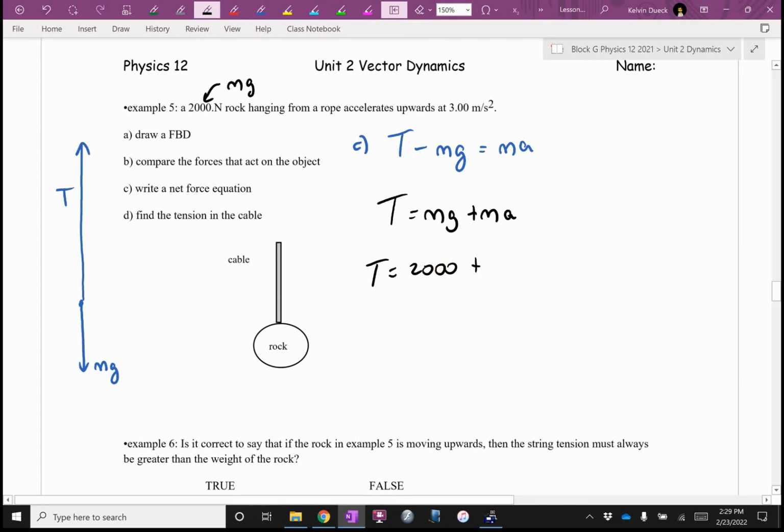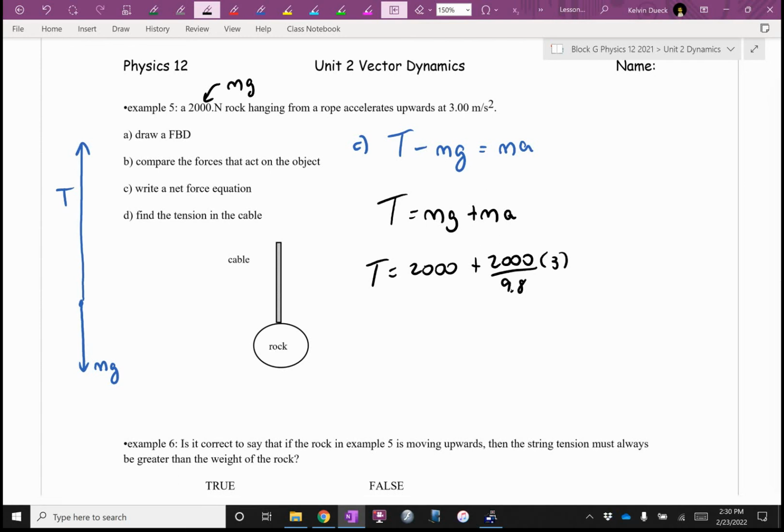And Mason, what's the acceleration? How can I find the mass? And I'm so lazy, I'm just going to go 2,000 divided by 9.8 in the actual equation, and I'll do it once on my calculator and walk away.